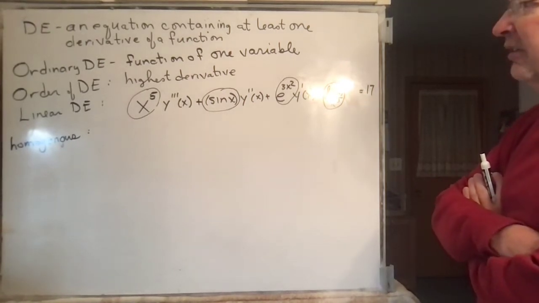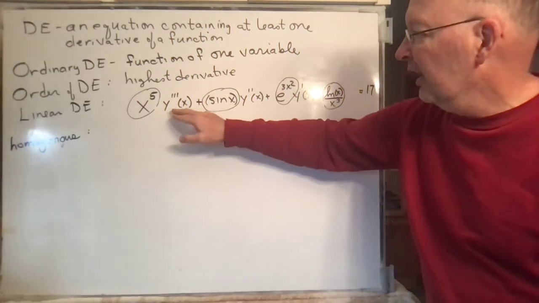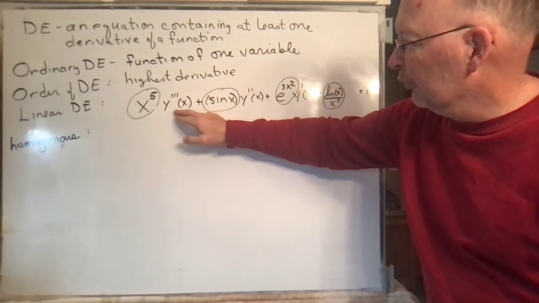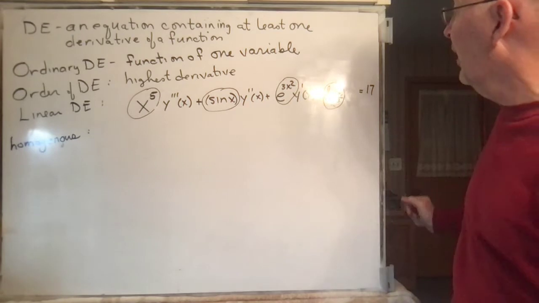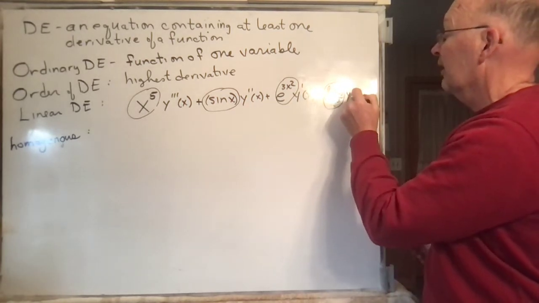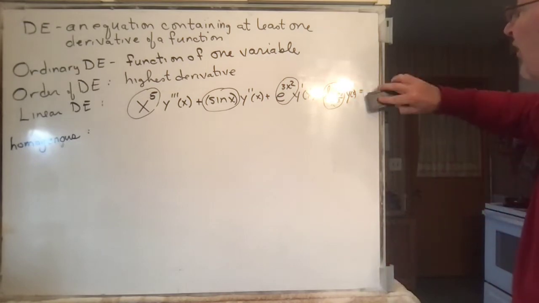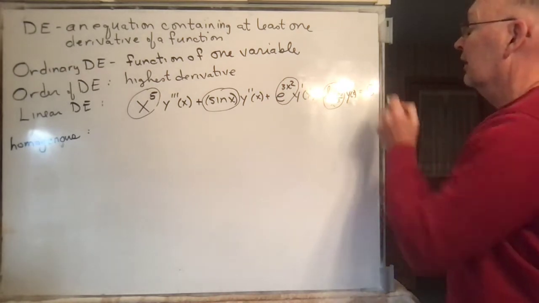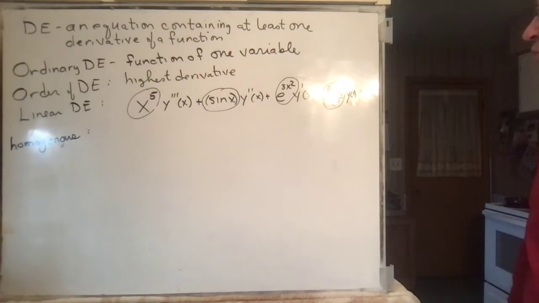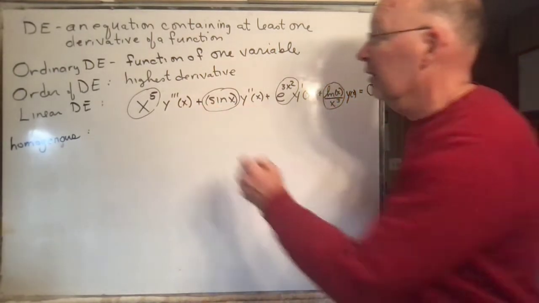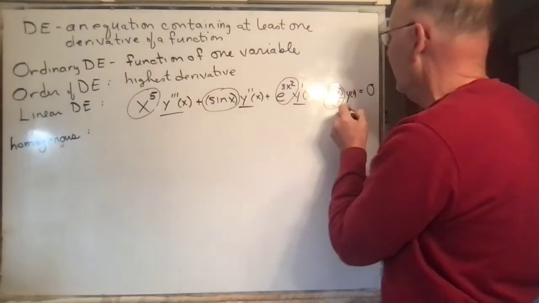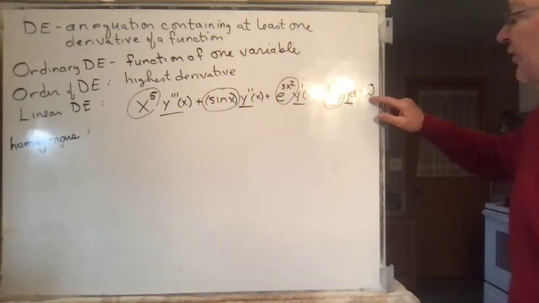And all it means is that when you take all the derivatives and the function and you put them on this side, here's your y right there, and you set it equal to something, the thing on this side has just got to be 0. That's all it means to be homogeneous: here's all your derivatives, here's your y, they're all on this side, and it's all set equal to 0.